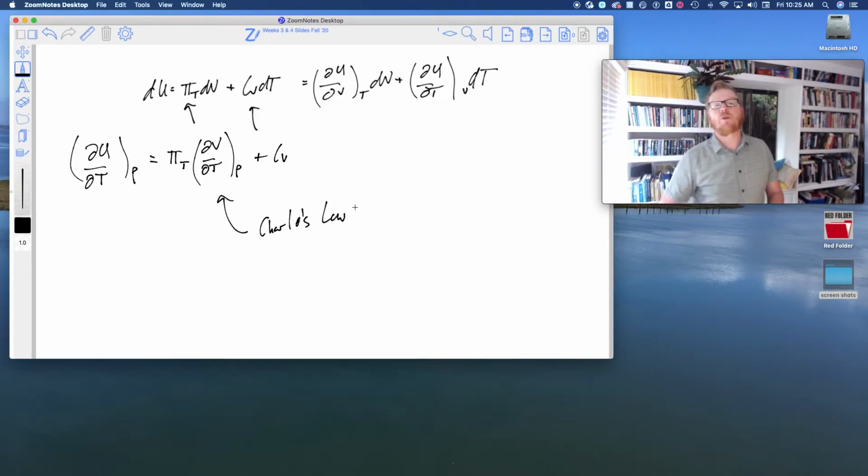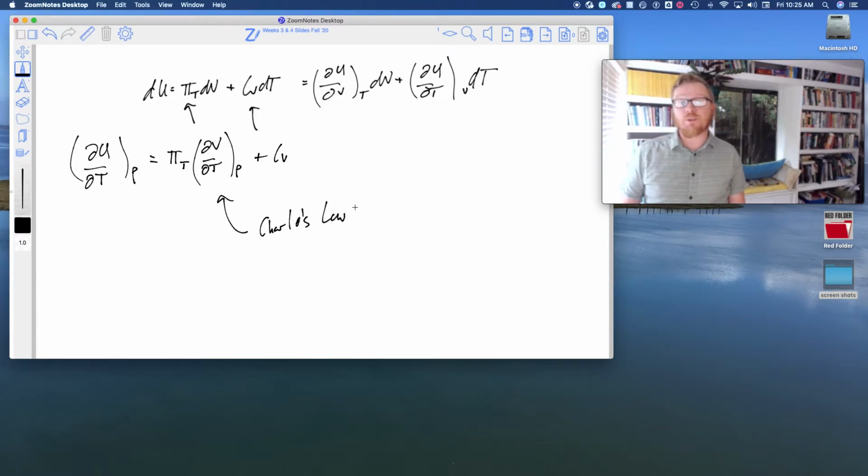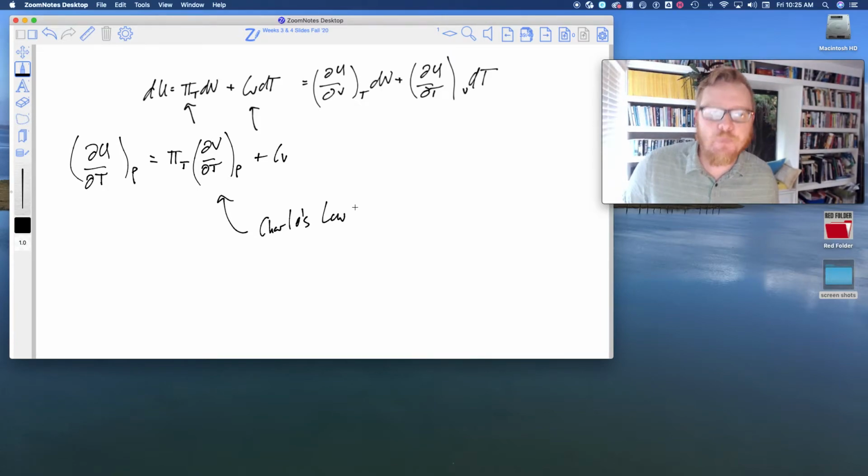Okay? And so there's some other physical observables that manifest from this partial of V with respect to T at constant P. So just like we got out the constant volume heat capacity and the internal pressure, there are two more physical observables. I'm not going to derive them directly. I'm just going to kind of show you the result.